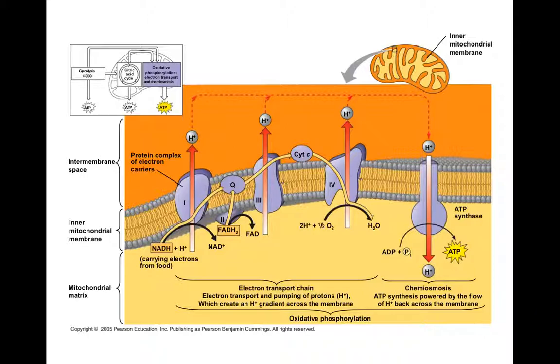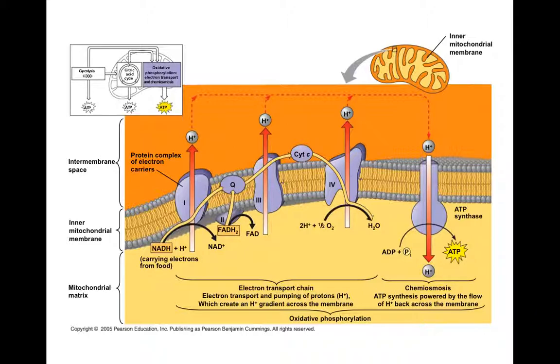We have the electron transport chain with some of the proteins removed. You have the large proton pumps. You have the NADH and FADH2 dropping off their electrons. Note where NADH and FADH2 are dropping off their electrons, because NADH will generate 3 ATPs per molecule, where FADH2 will only generate 2 ATPs per molecule.